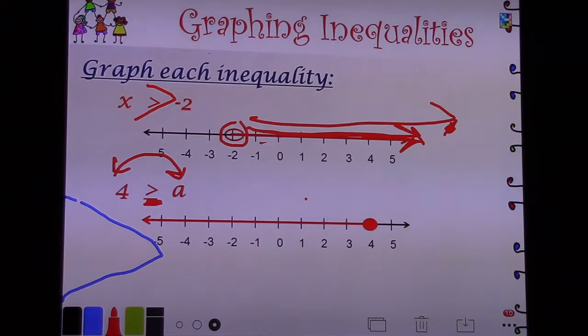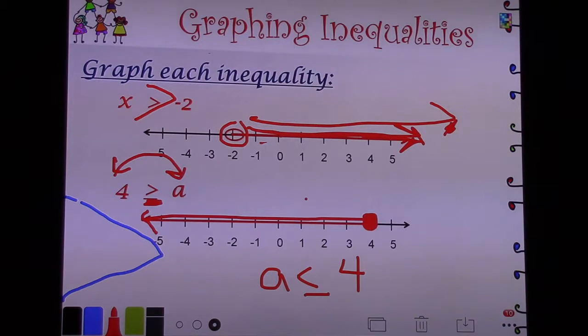But 4 is included in the number line, so it's colored in, and it is greater than or equal to A, so A has to be less than 4. So we could rewrite that as A is less than or equal to 4.